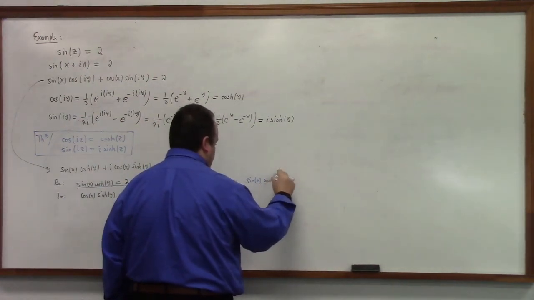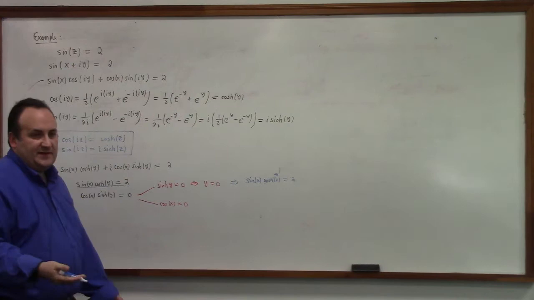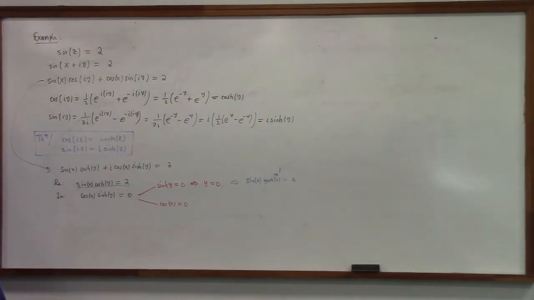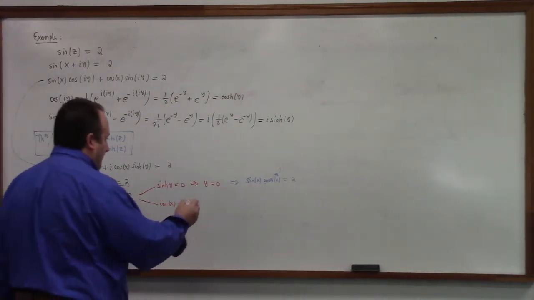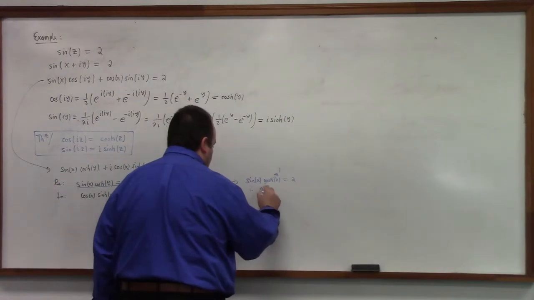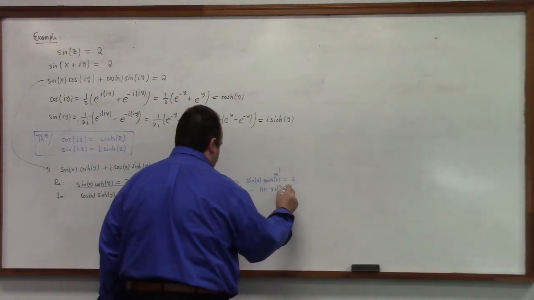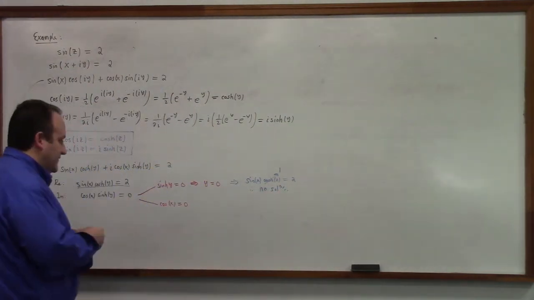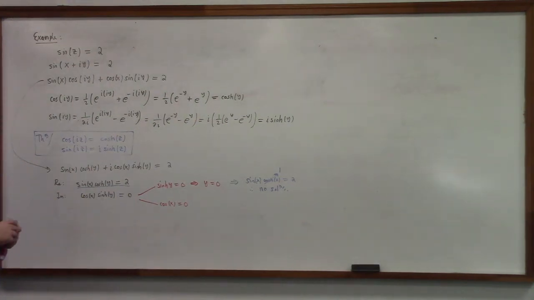Cosh of 0 is just 1. So we get sine of x equals 2 for real x. As we know from trigonometry, there are no solutions. All right, x is a real variable. We know that the sine of a real variable is bounded between -1 and 1. There are no solutions. However, cosine of x equals 0, that tells us what?